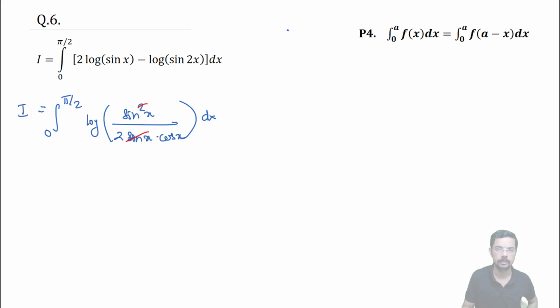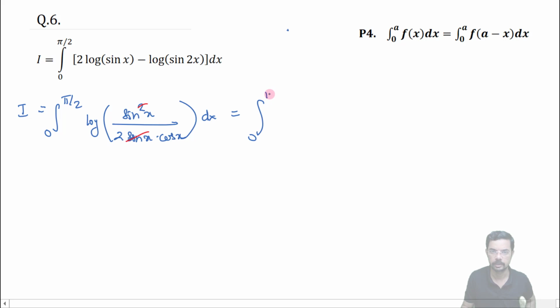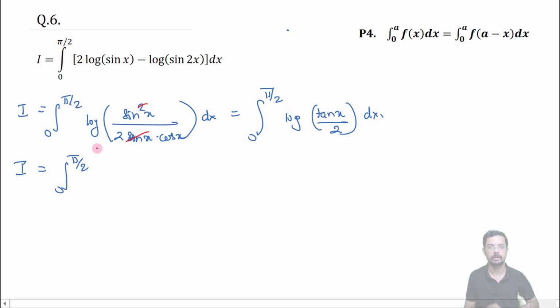So we get this as equal to integral from 0 to pi by 2 of log of, sin x by cos x is tan x, so it is tan x divided by 2, into dx. Now we shall apply this property of replacing x by pi by 2 minus x.